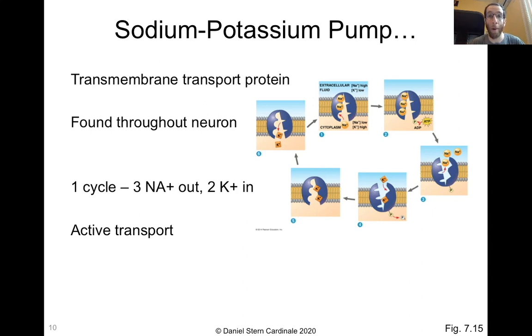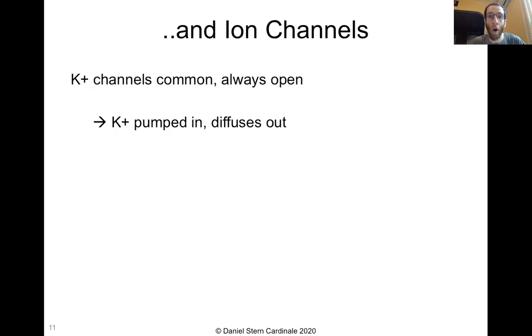In addition to the pump, there are ion channels that are driving this resting membrane potential. Most importantly, you have potassium channels that are always open. These are called leaky potassium channels because they're always allowing potassium to diffuse. We just saw with the sodium-potassium pump that potassium is constantly being pumped into the cells, but these leaky ion channels are just allowing that potassium to constantly diffuse back out.